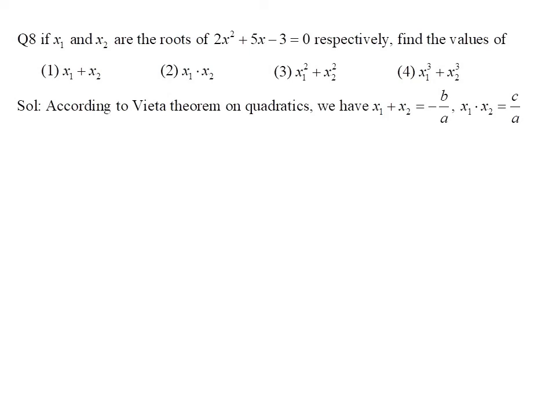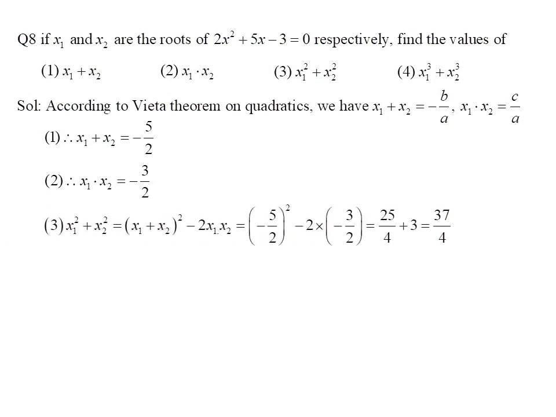As we remember, x1 plus x2 equals -b over a, while x1 times x2 equals c over a, as shown here. For the first and the second questions, Vieta's theorem can be applied straight away. So x1 plus x2 equals -5 over 2, and x1 times x2 equals -3 over 2.